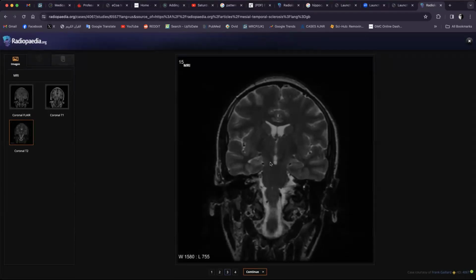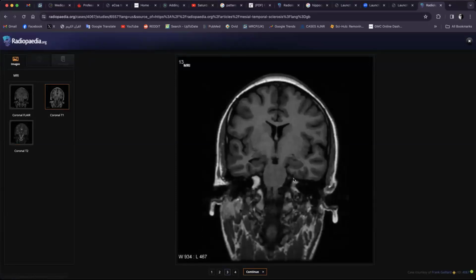So here is, let's try and zoom a bit just so we can appreciate that. This is one of the cases shared on Radiopedia. So which side do you think is abnormal here?